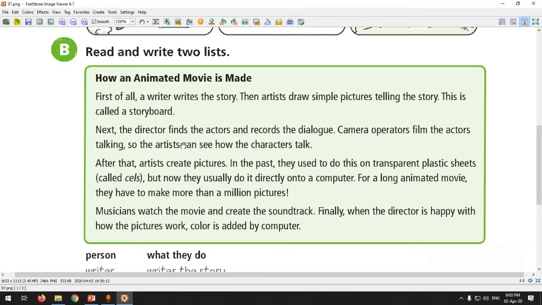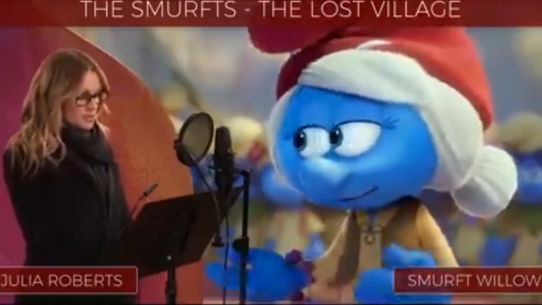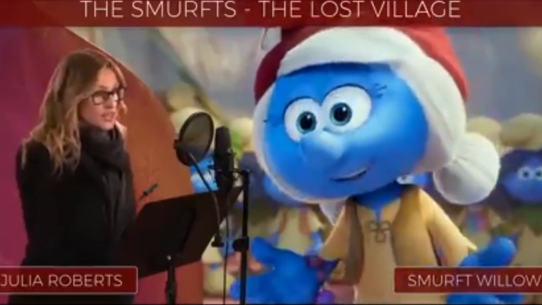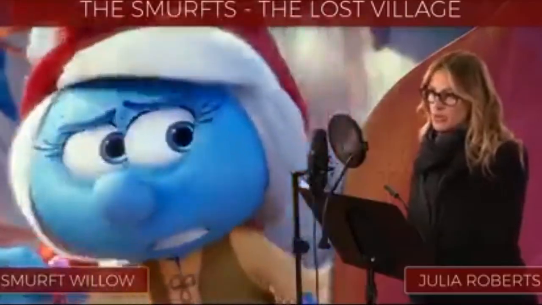Next, the director finds the actor and records the dialogue. Camera operators film the actors talking so the artists can see how the characters talk. Okay, in the beginning, we didn't do that. We just recorded the actors' voices and we did the animation.